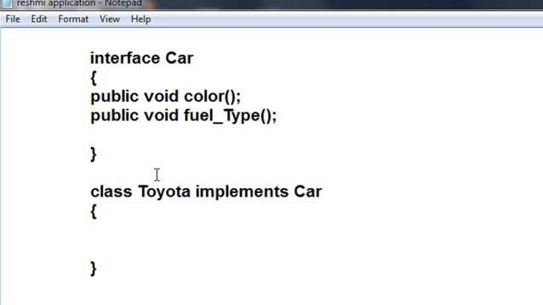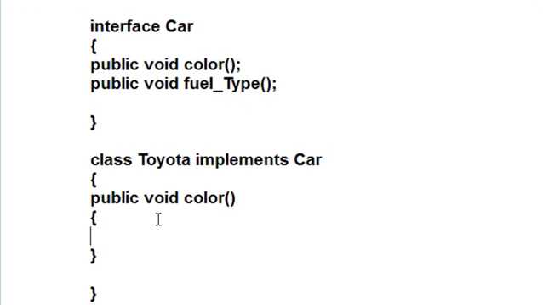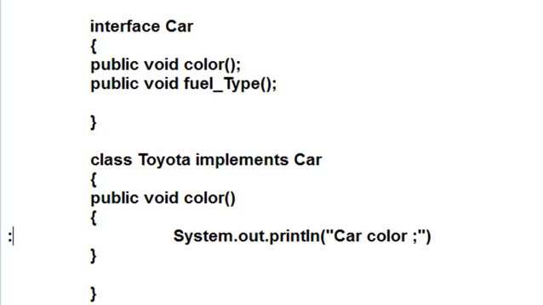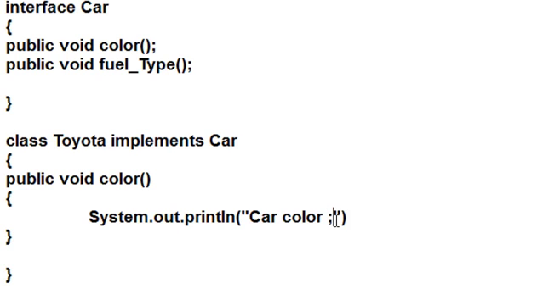So here I'm going to implement those abstract methods, public void color, and just print out car color. I specify it as red.